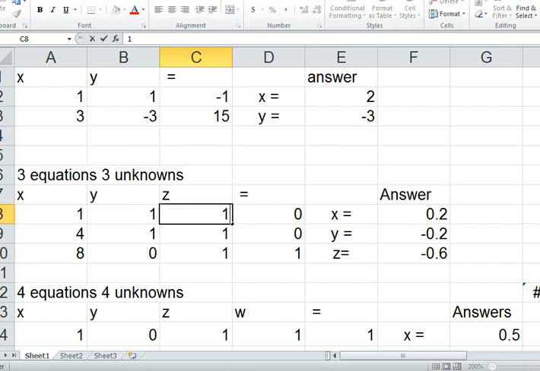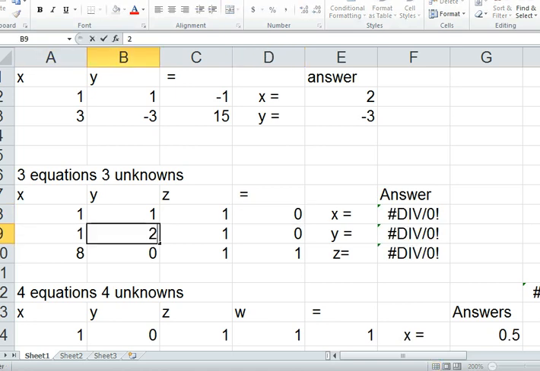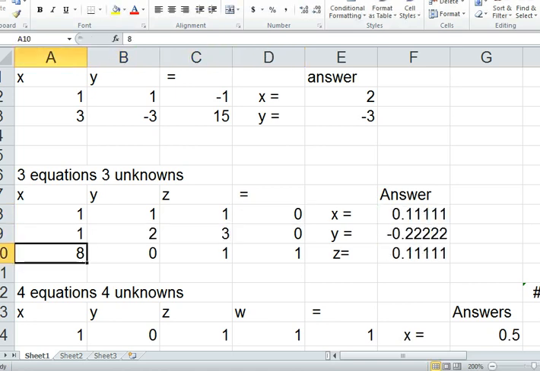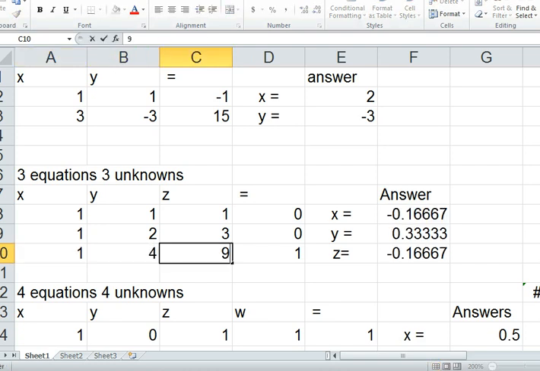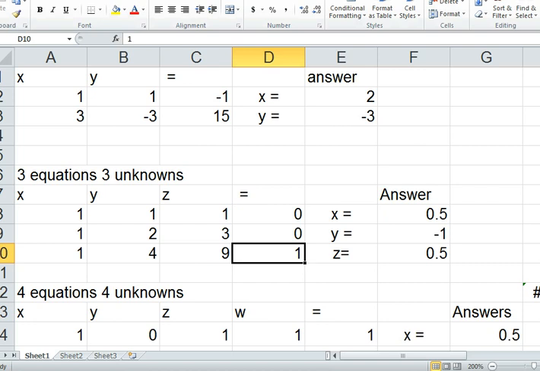One is 0, 1, 2. Did I put those in right?